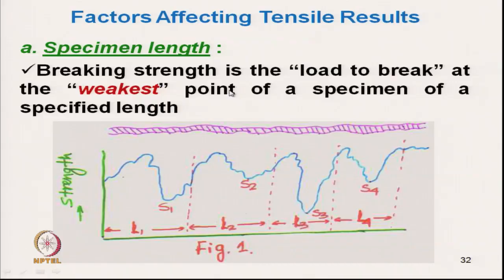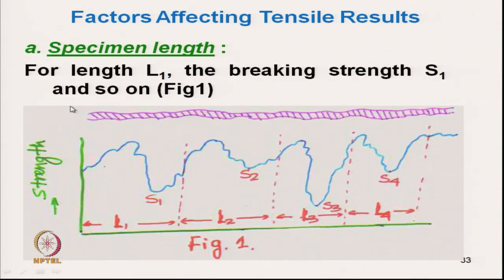So, breaking strength is the load at break at the weakest point of a specimen of a specified length. Now, for length L 1, the breaking strength is S 1 and so on, S 1, S 2, S 3, S 4 like this.